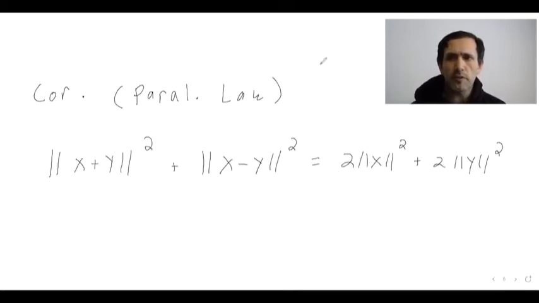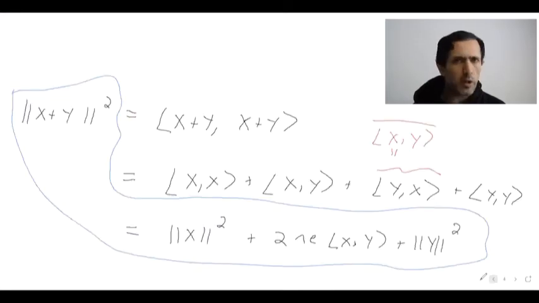And the proof is very simple. I should be able to fit it here. As we'll see, this is extremely useful. We use what I put in blue here, and I'm going to do it twice: once with y here, and once with y replaced with minus y.